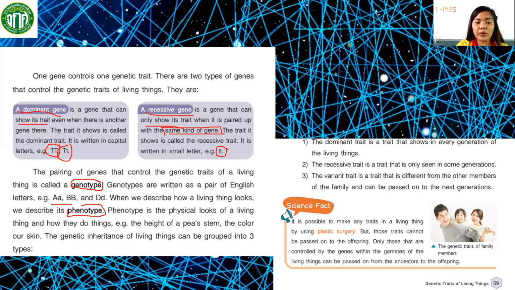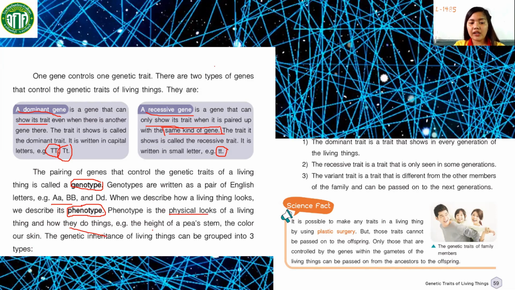So if we are going to discuss how a living thing looks, we call that a phenotype. The phenotype is the physical look of a living thing and how they do things.